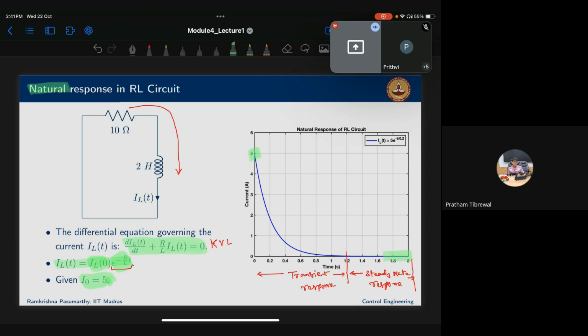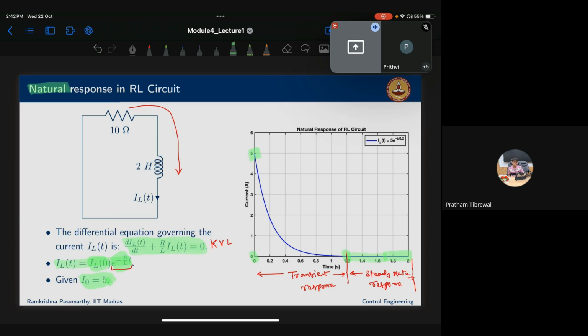Then if you see this current curve, from time 0 to almost 1.2, the system response is decreasing. After 1.2 it almost became 0, and from 1.2 onwards it is maintaining the 0 value.